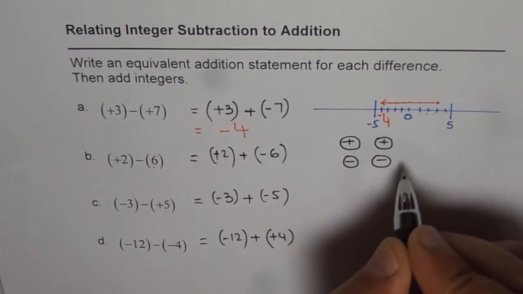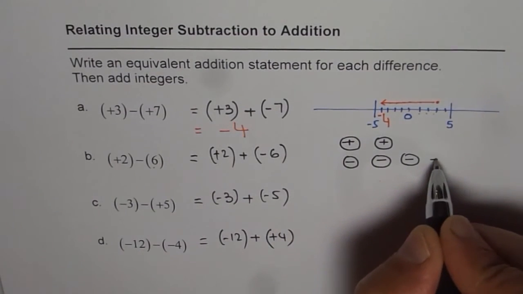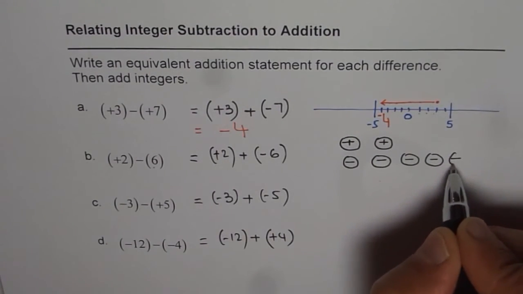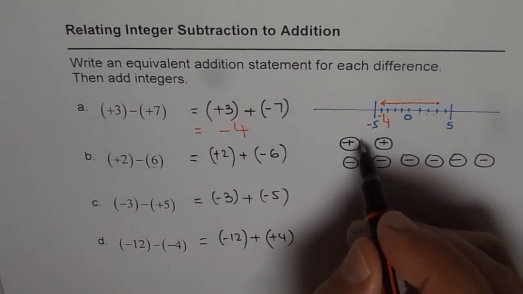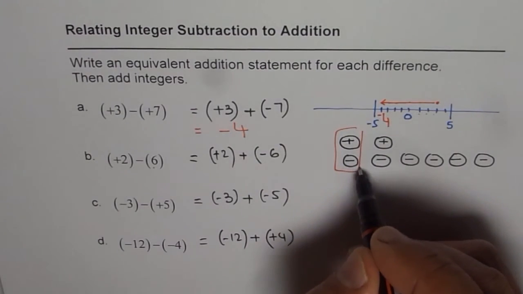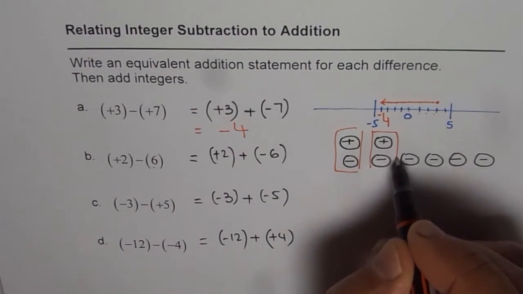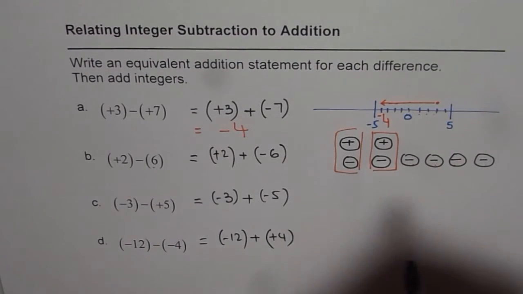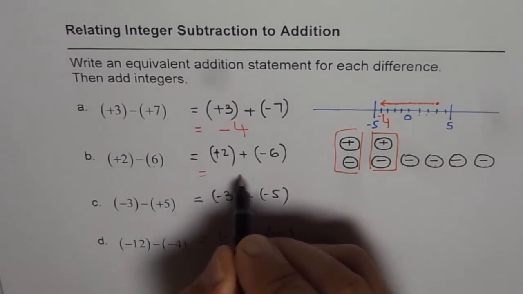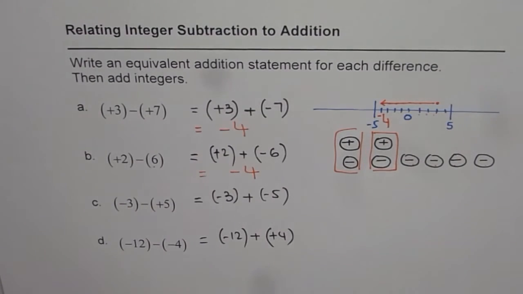So this is 1, 2, 3, 4, 5, and 6. Now we can combine these counters. Plus and minus becomes 0, right? Plus and minus becomes 0. So what are you left with? 1, 2, 3, 4, negative. So in this case also we get negative 4 as our answer, right?